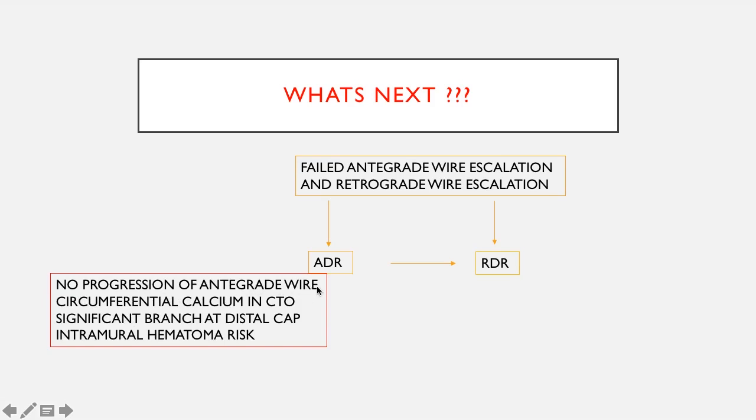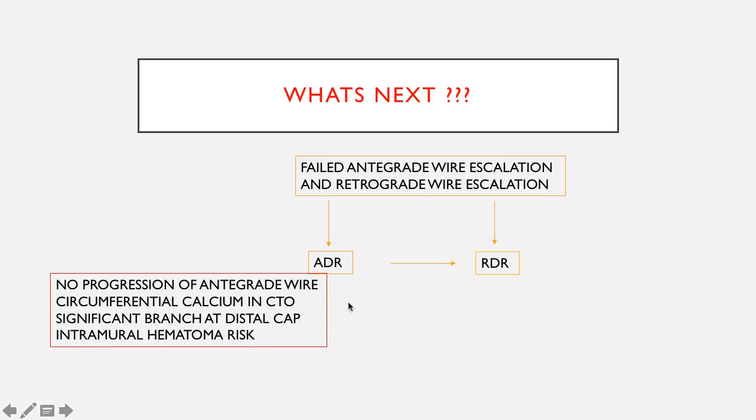So that may need special techniques to cause progression of antegrade wire into CTO, and circumferential calcium in CTO may preclude your plans of ADR with Crossbar Stingray. Sometimes Crossbar can get stuck at this calcium, and there is a significant branch at the distal cap. So this branch can be compromised when you are using an ADR, and there is intramural hematoma possibility.